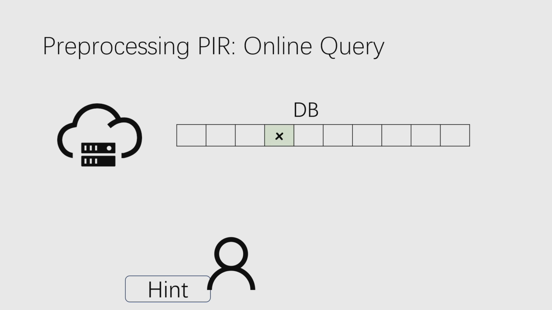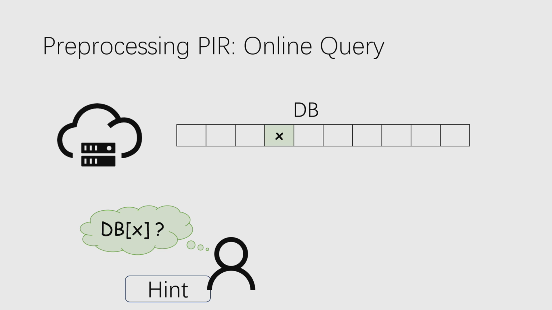If the client is interested in any particular location of the database, let's say database X, then because we know the hint is sublinear in the size of the database, you cannot encode everything inside the hint.